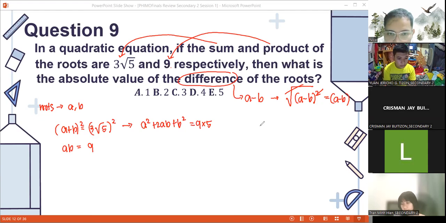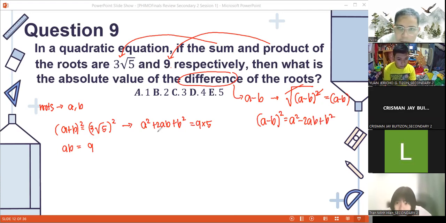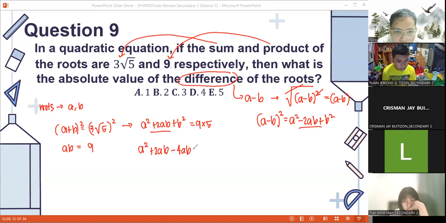If you have (A minus B) squared, that is A squared minus 2AB plus B squared. So we have A squared plus 2AB minus 4AB plus B squared. Then this is 45 minus 4AB, right?